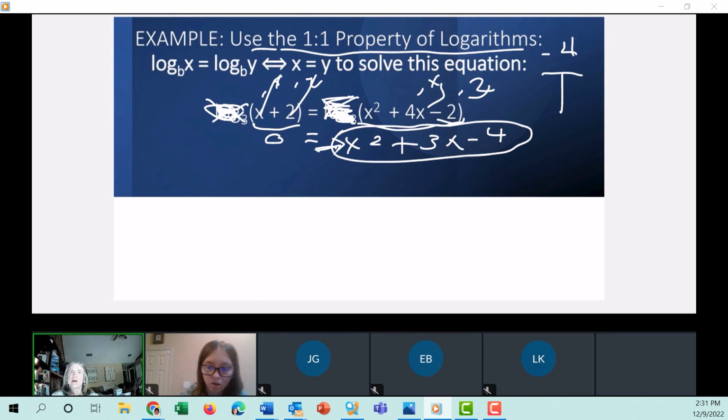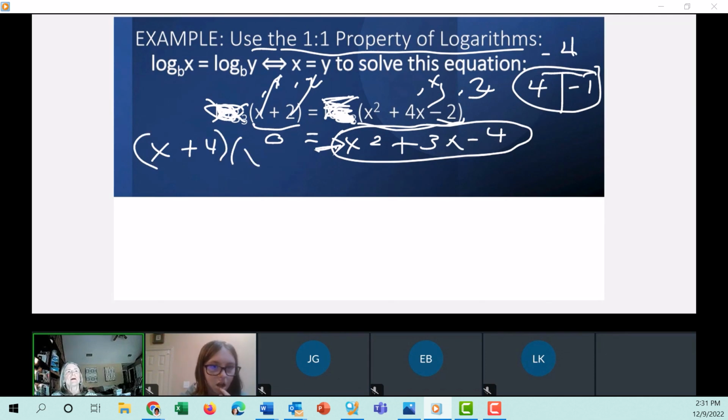I just need two factors that multiply to give me a negative 4 and add to give me a positive 3. And those factors are positive 4. So I have two binomials, x plus 4 times x minus 1 equals 0.